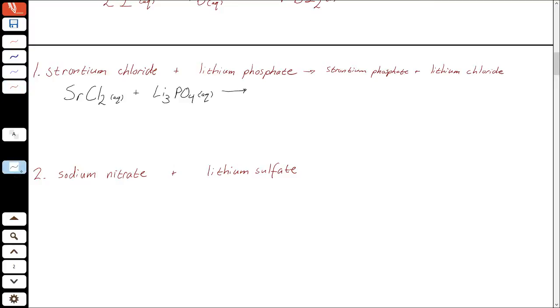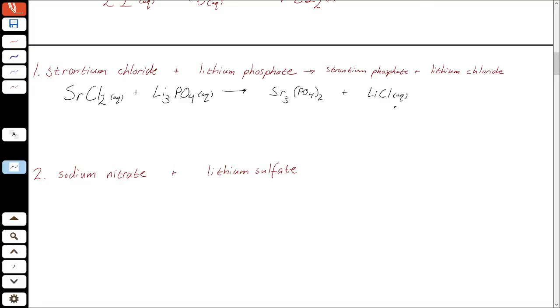So we can say, okay, I know strontium phosphate, strontium's plus 2, phosphate's minus 3. So that's going to be Sr3(PO4)2. And we're not going to put the state yet because we don't know if it's going to be solid or aqueous. We have to figure that out. And then our other one is lithium chloride. We know that one's aqueous because we know all lithium salts are soluble.